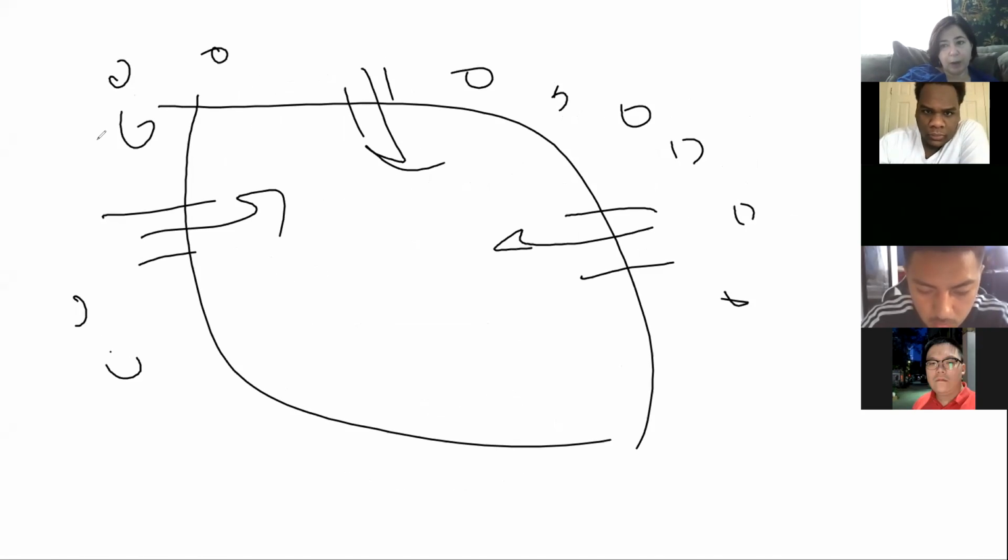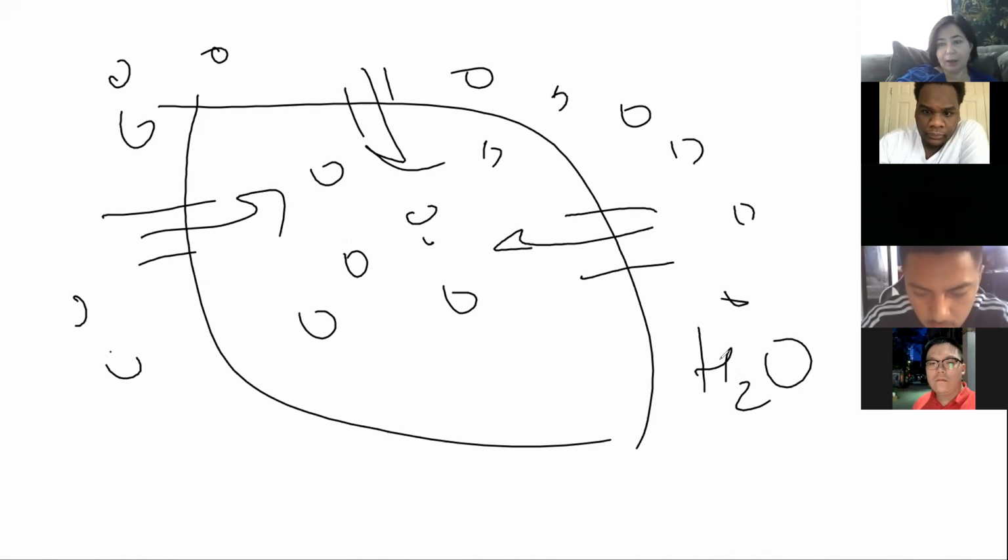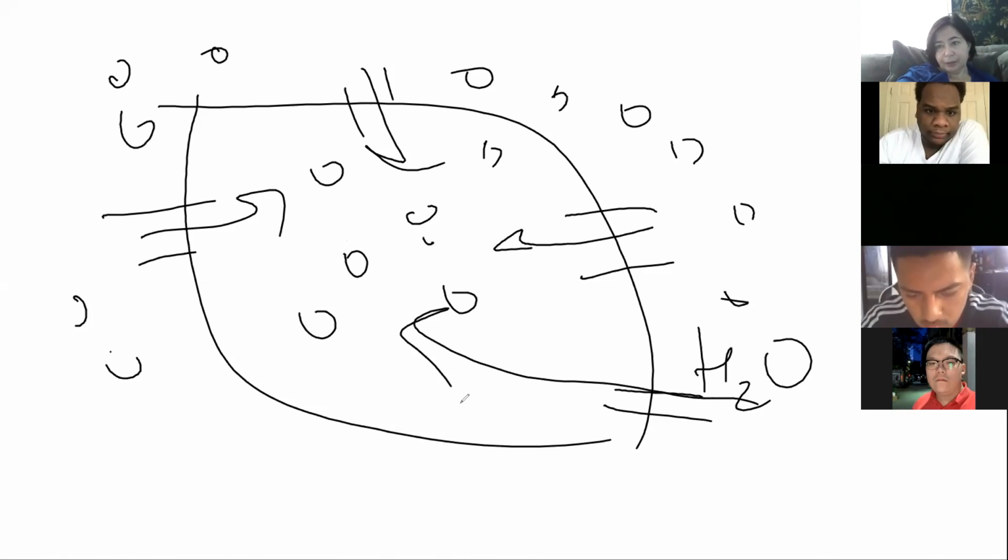But to balance, to have the same even concentration inside and outside, you have to open the doors. Water, remember I told you, can't cross the membrane. Water needs a channel, it needs a door. So this door is open, water comes in. Doors are closed, the water can't come.